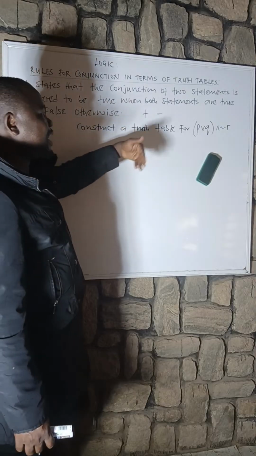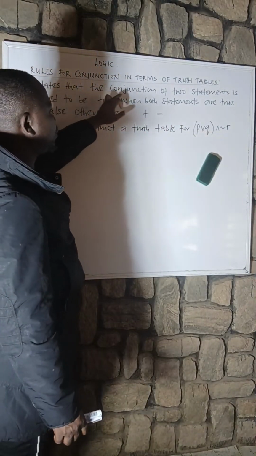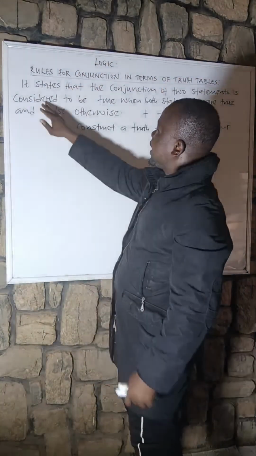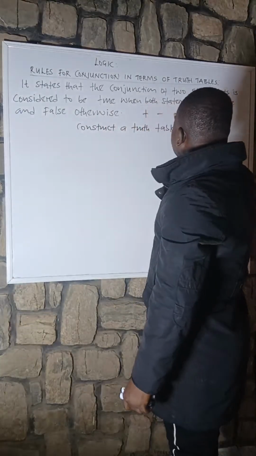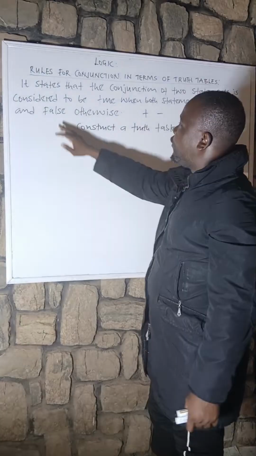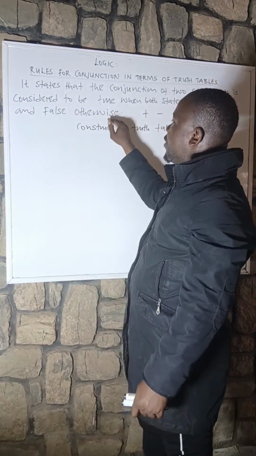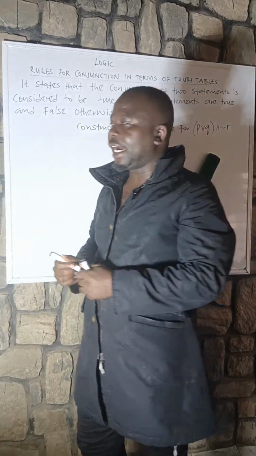As long as it involves conjunction, the rule states that the conjunction of two statements is considered to be true when both statements are true and false otherwise.